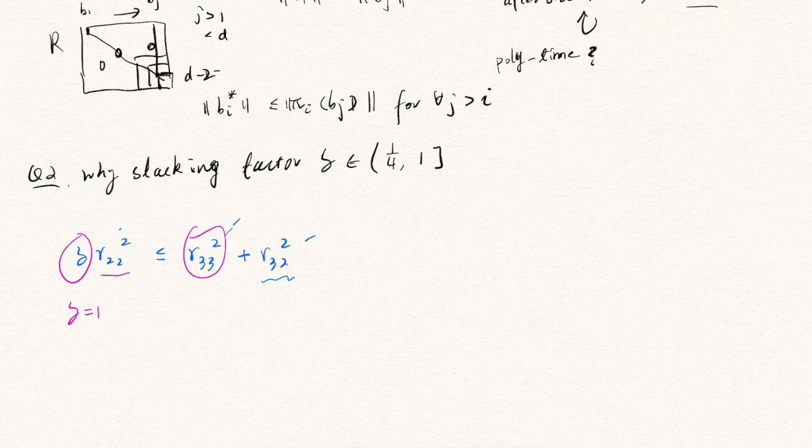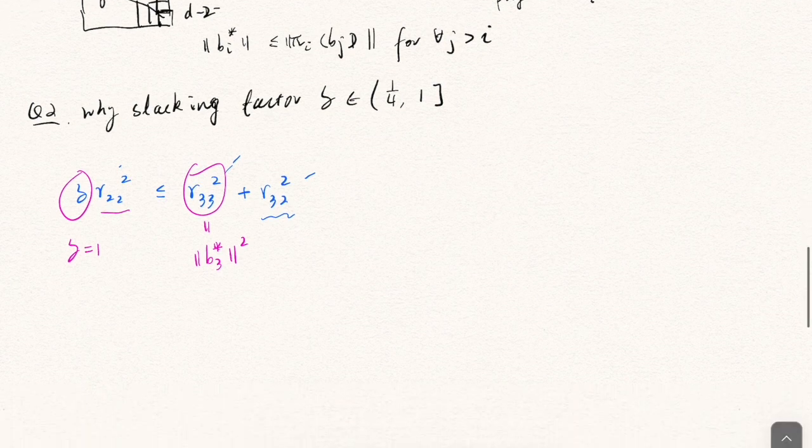If R33, which equals the length of b_3 star, the GS orthogonal vector for b_3, is slightly smaller than b_2 star, that's fine. So the slacking factor allows you to have some relaxation. But why do we need it? To understand this, we need to go to the proof that LLL is polynomially bounded in the number of swaps.